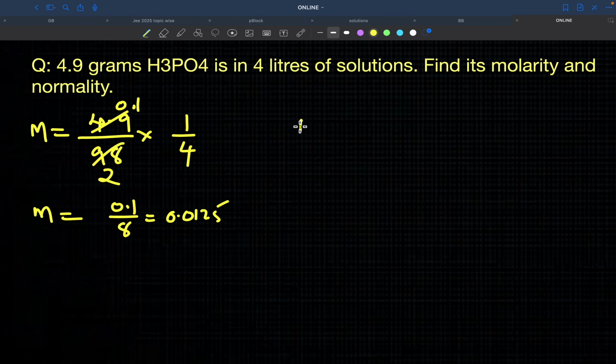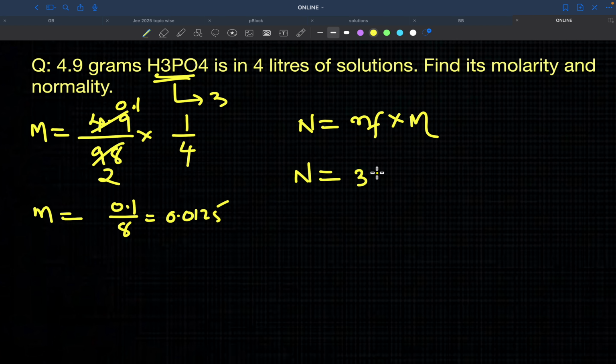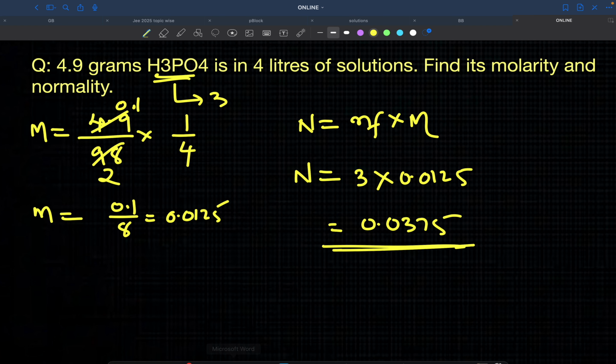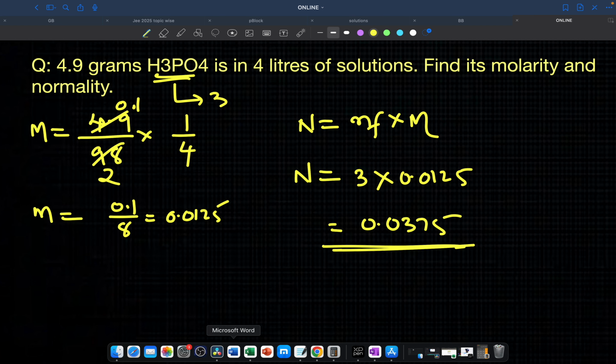So normality equals n factor into molarity. The n factor for H3PO4 is 3. So 3 into 0.0125, this would be 0.0375. Did you also get the same? Yes, sir.